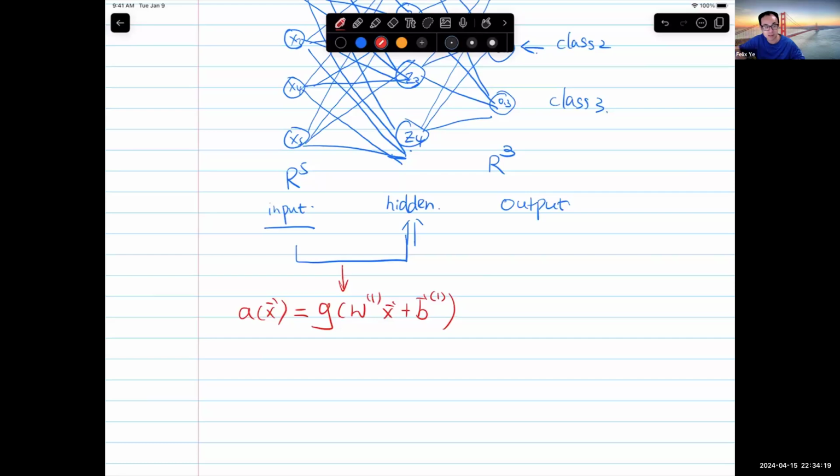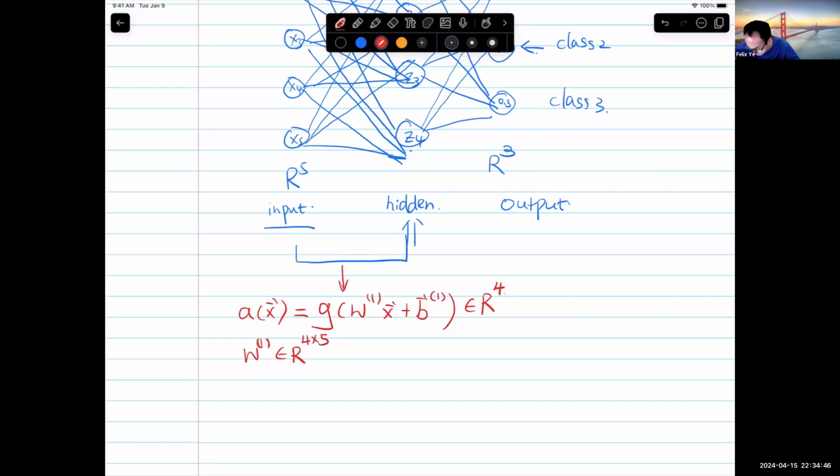This is actually of dimension H, which in this case is 4, because I have 4 hidden neurons. So my W1 here is actually 4 by 5.